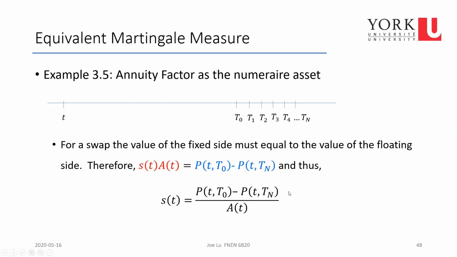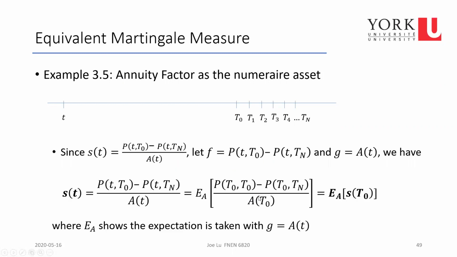Now, anytime you express something as a ratio, you can start to have this equivalent martingale approach. So essentially, let's say you have a particular financial asset called F, which is essentially this difference here. Then you have a financial asset called G, which is this annuity.